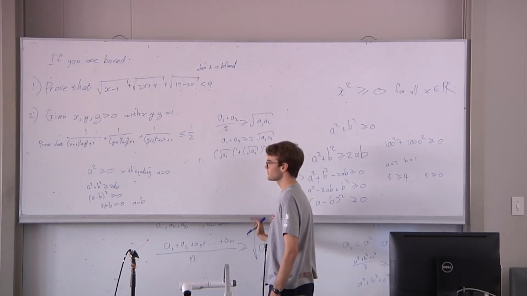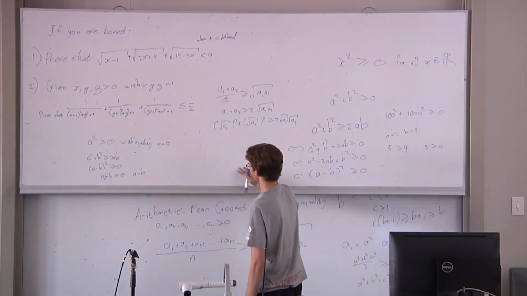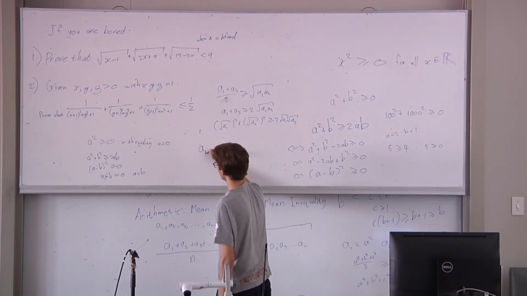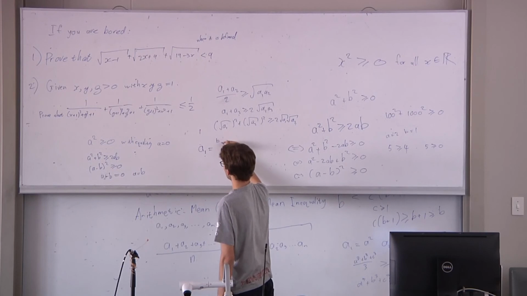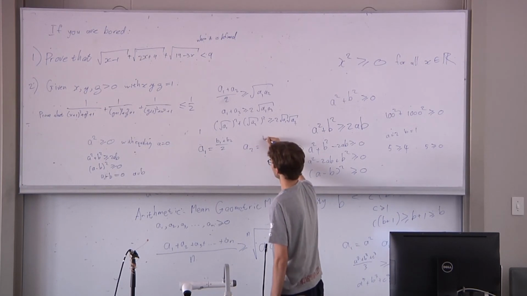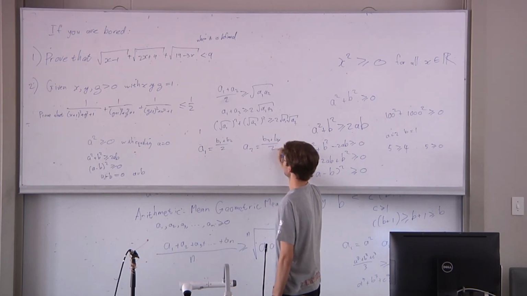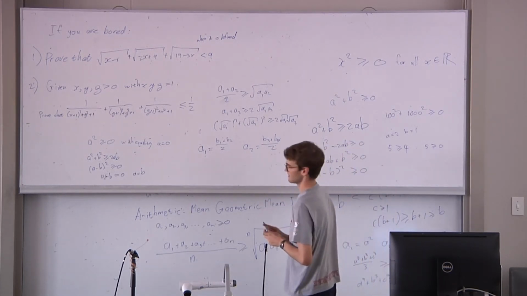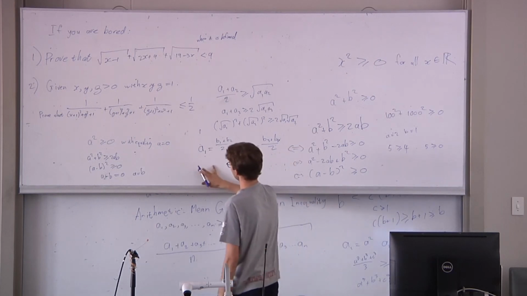For n equals 4, you let a1 equal (b1 plus b2) over 2 and a2 be (b3 plus b4) over 2. So this just gives you an idea of how you would do it, but it's quite a long proof.